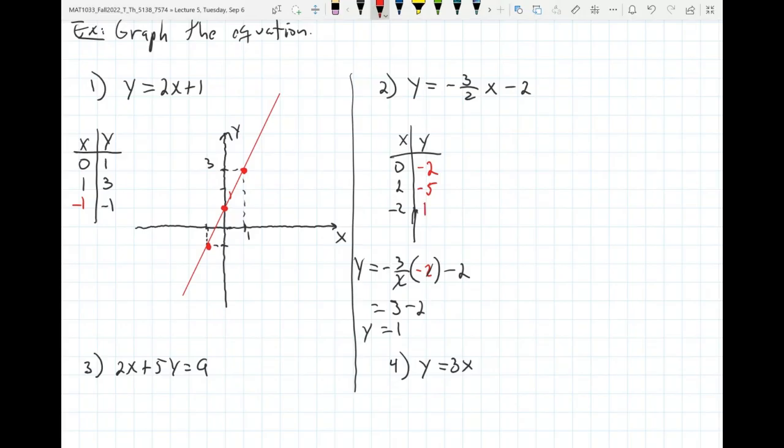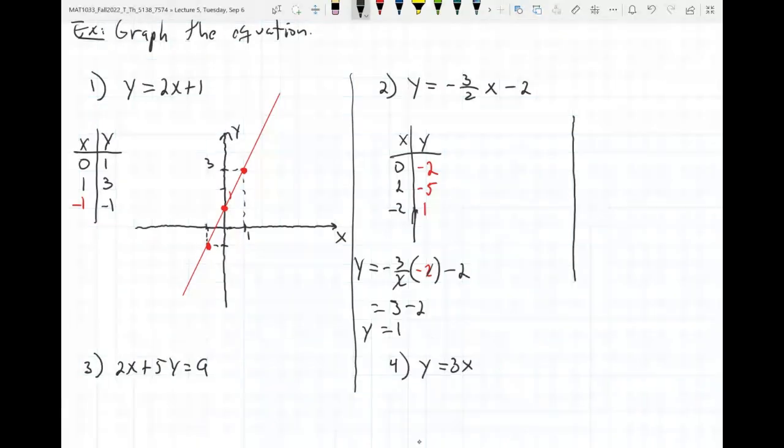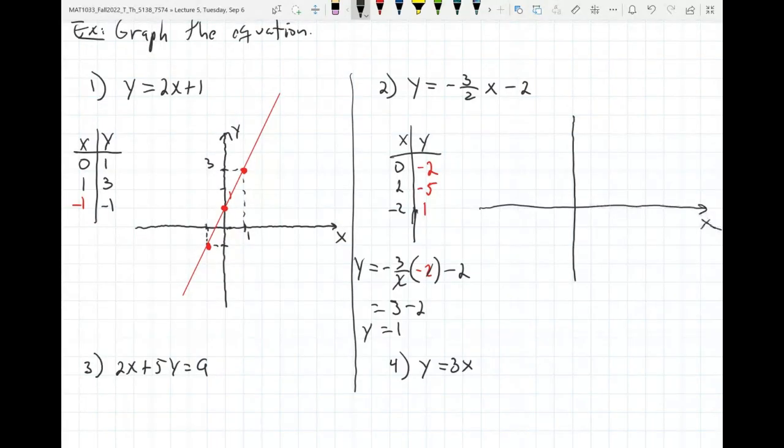So this was 1. Okay, so let's draw this. X, that's y. So let's see, 0, -2, so that will be down here. And 2, -5, so I need to go down more. So that's 2 and 3, 4, 5.